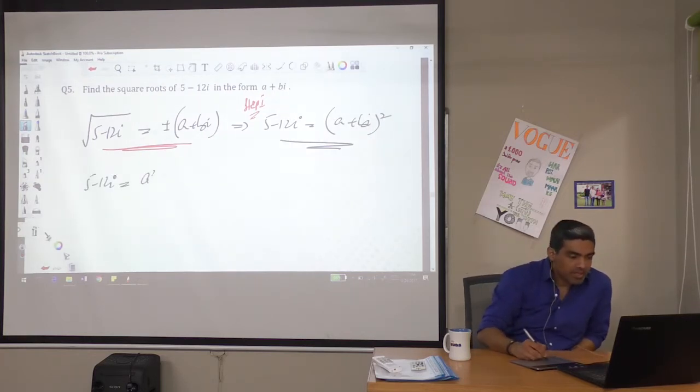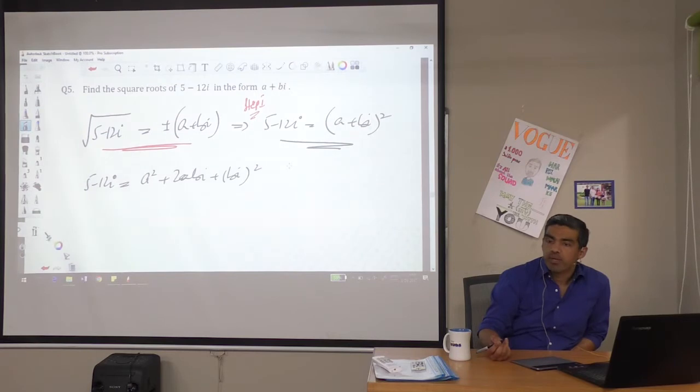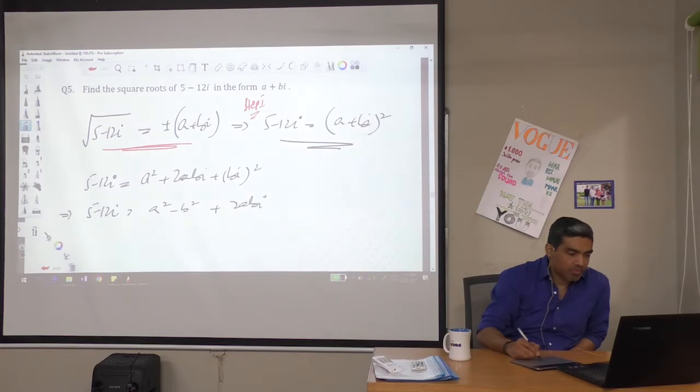So this becomes a square plus 2abi plus bi squared. You know bi squared would be b square i squared, and i squared is minus 1. So this becomes a square minus b squared. Are we okay with that? Plus 2abi.